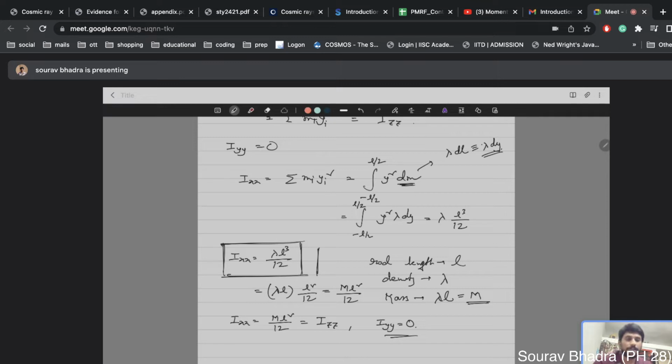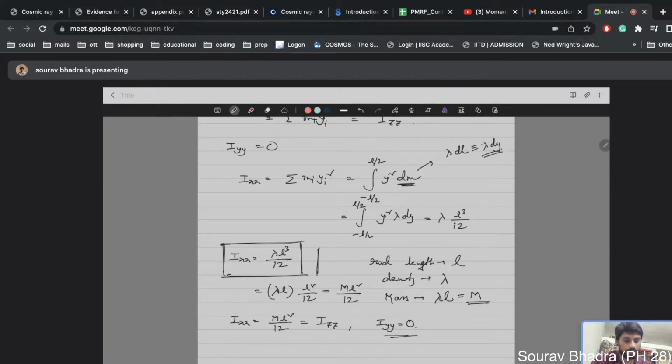So for those axes which are perpendicular to the body, the rotation about them will give you a non-zero moment of inertia, while rotation about the axis which is along the rod, for this type of 1D system, will give you a moment of inertia of 0.